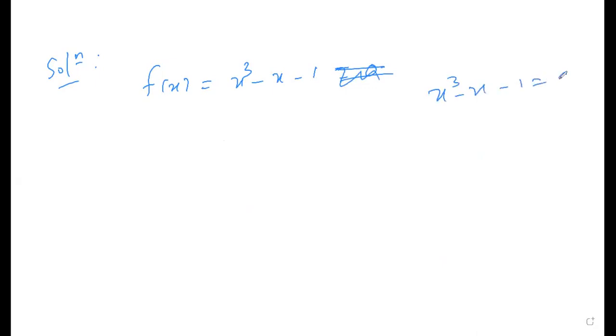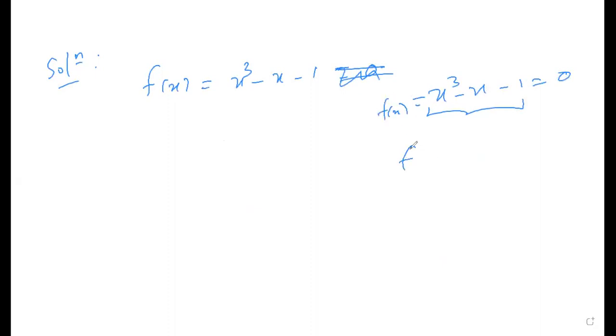The solution for this question is, first of all, our f of x is equal to x cubed minus x minus 1. Anyway, sorry, they didn't give you the equal to 0. Some questions may give like this: x cubed minus x minus 1 equal to 0, so you have to take this part as f of x.